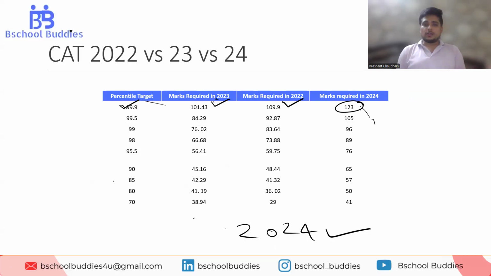Similarly, for each and every score, you can see, for the 90 percentile as well. In 2023, only 45 marks were required, but in 2024, 65 marks will be required. It was very good to see that many candidates are happy after seeing the easy paper in 2024, but you need to get higher marks in order to get the same percentile since the paper was easy.